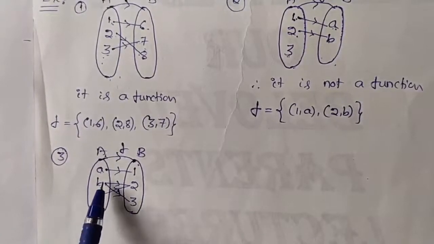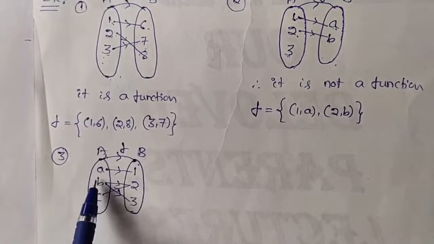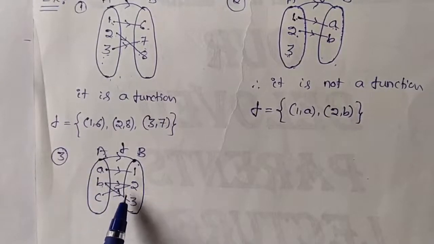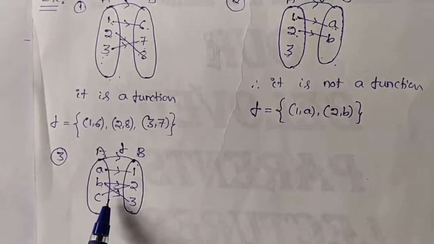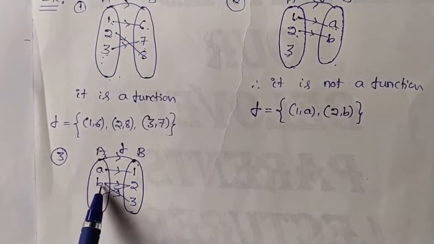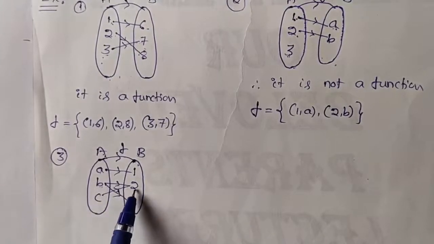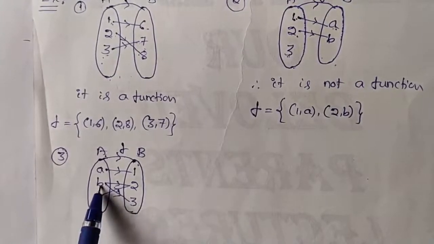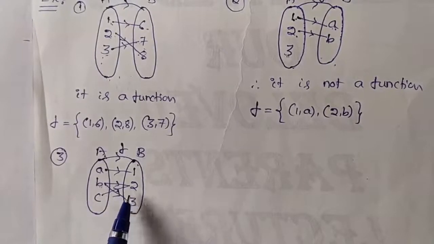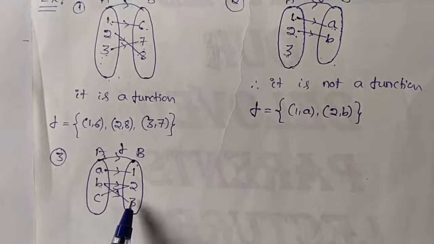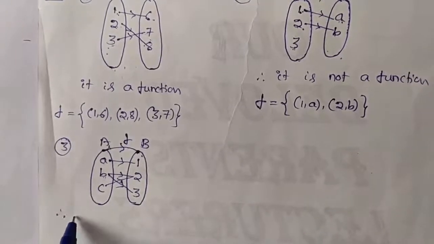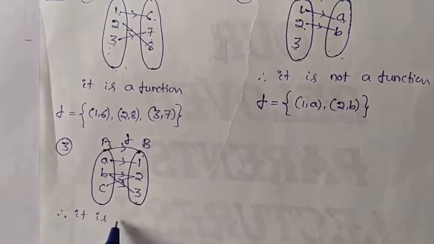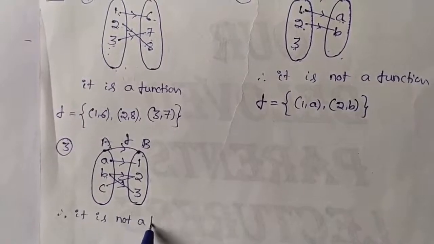Then only we can say that a relation is a function. Here the element B has two images 2 and 3. Therefore it is not a function.